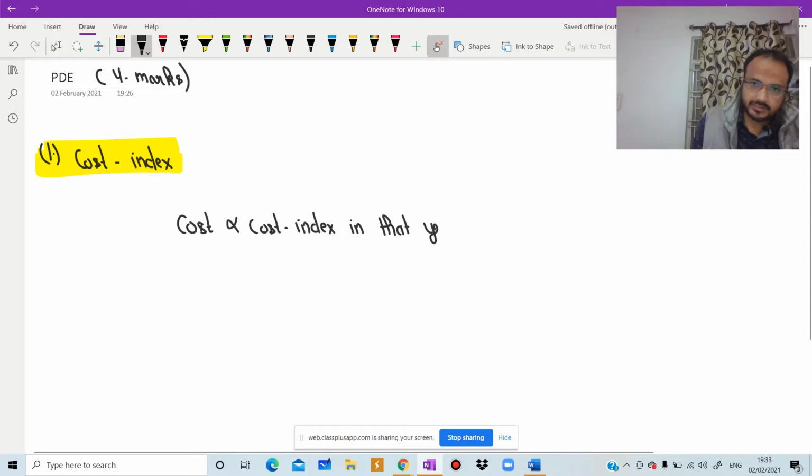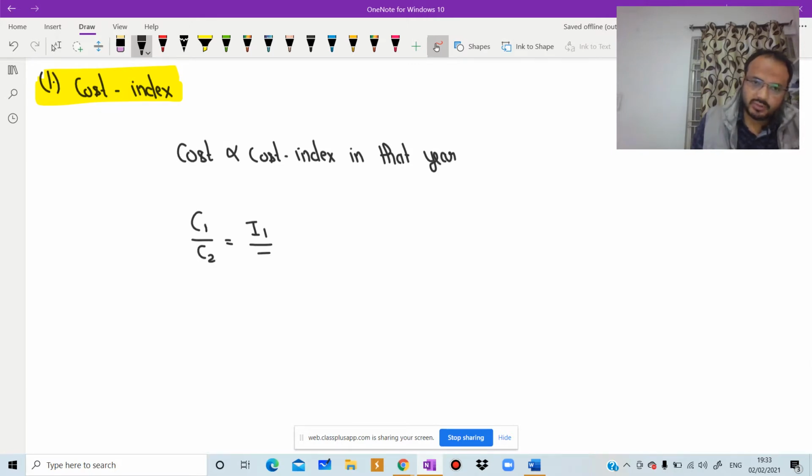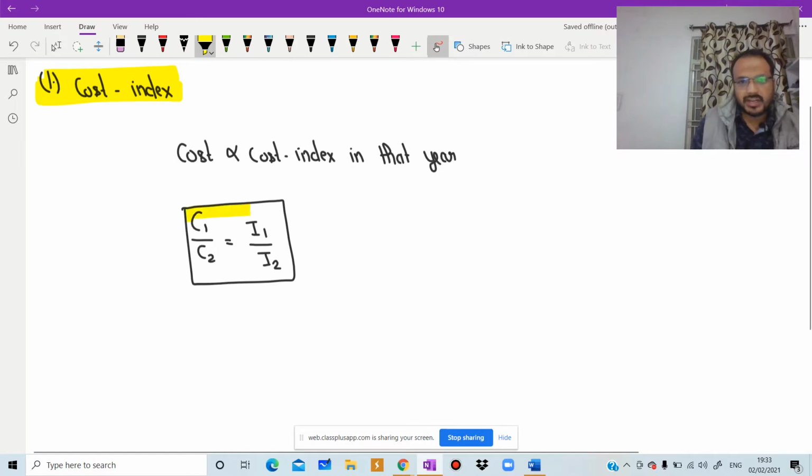So we can write C1 by C2 is equal to I1 by I2, where I1 is the index for that year and I2 is the index for the second year. Based on this formula, they directly ask a 1 mark question.